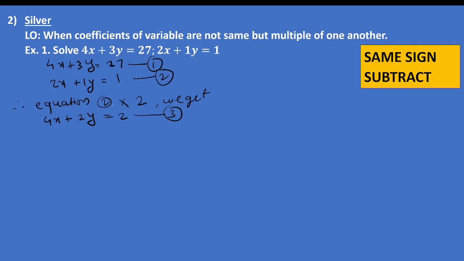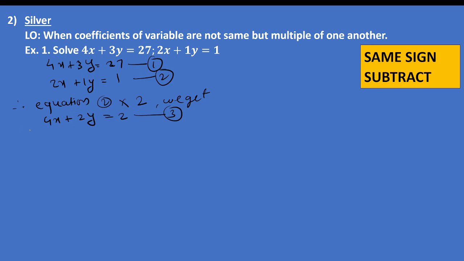Okay, so now in equation 1, which is 4x plus 3y equals 27, and equation number 3, 4x plus 2y equals 2. Here my first terms, the x terms, 4x and this 4x are the same, so we can cancel them out.